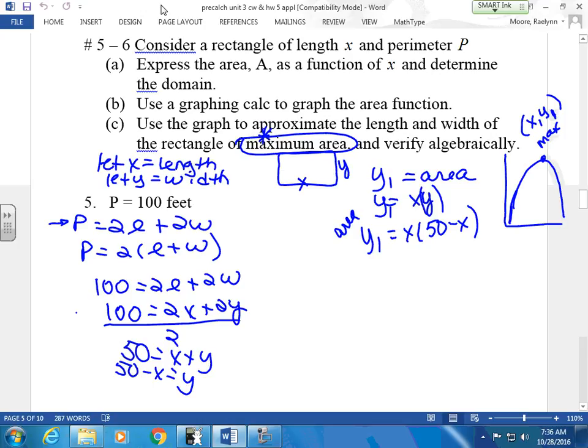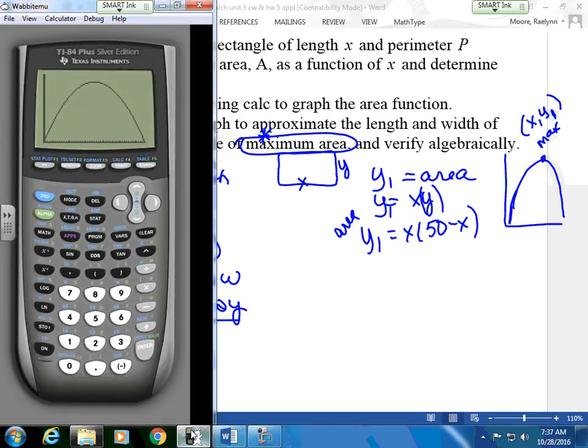Wait, what's the point of finding where it's decreasing? Because if you can't find your window, you can go to your table and say, if I'm looking for a maximum, my y is increasing, and at the turning point, it starts to decrease. So I'll know halfway through my graph, and I'll know my y max. I'm watching my x increase, and then I notice, whoa, it started to decrease.